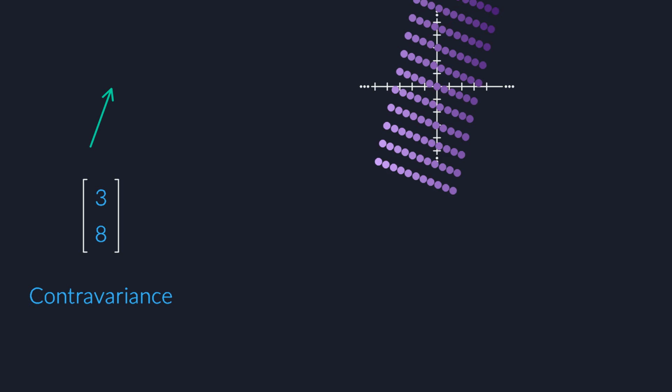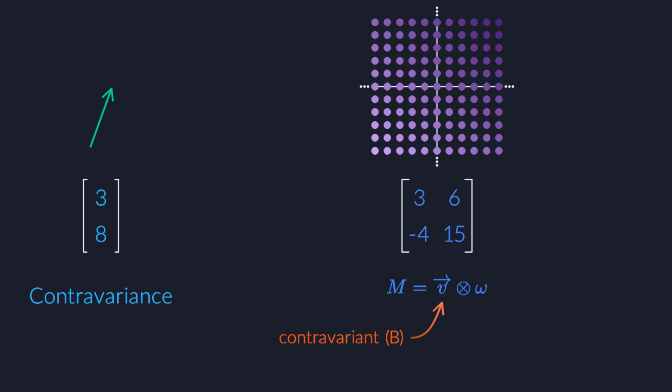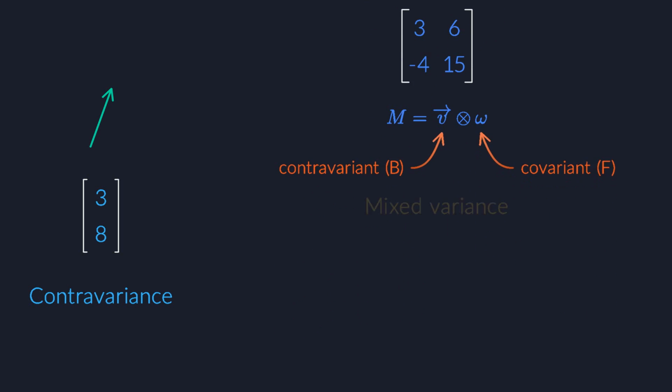Again, it's only when you represent them in a specific basis that they become tables of numbers which transform in a certain way. In the previous video, we saw that a matrix changes in two opposite directions at once. That's because it contains a contravariant vector part and a covariant dual vector part. We discovered that this is where the sandwich product comes from.